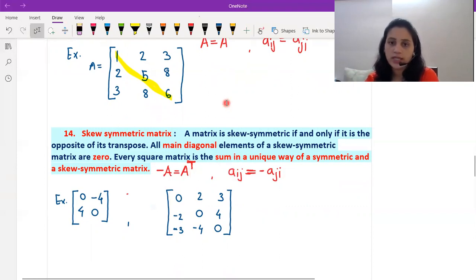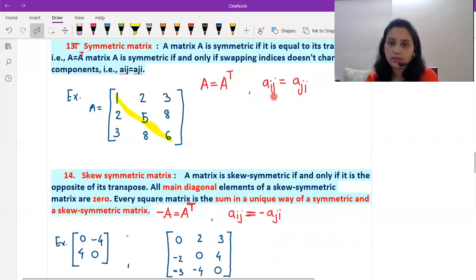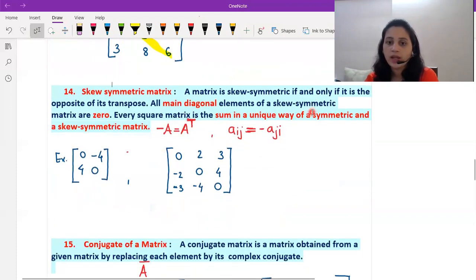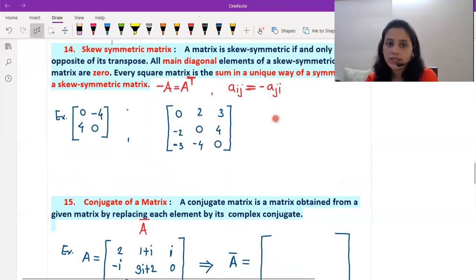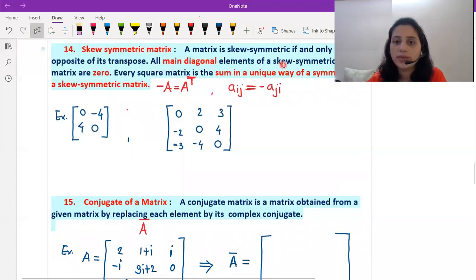Okay, so obviously in symmetric matrix, we have seen that Aij is equal to Aji, right? But in this skew-symmetric matrix, Aij is equal to negation of Aji. So for example, this matrix is skew-symmetric. And one more condition is here, that is all main diagonal elements of the skew-symmetric matrix are 0.